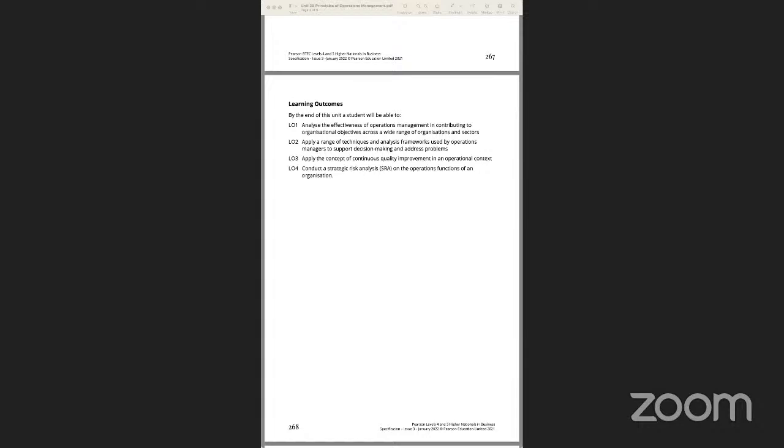And what we need to be able to do is look at primarily understanding how we do a risk assessment, and then how we plan and get around in terms of managing the risk if the organization is to face those.